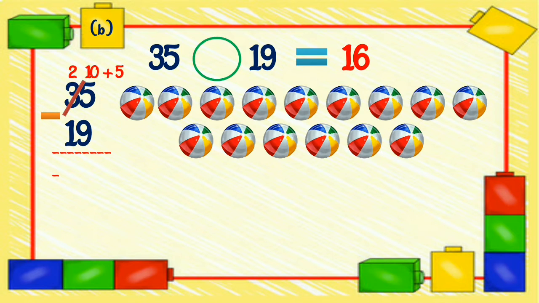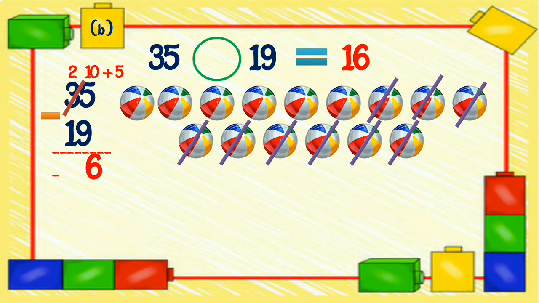Now we cut 9 balls. 1, 2, 3, 4, 5, 6, 7, 8 and 9. How many remain? Now we count 1, 2, 3, 4, 5, 6. So we have 6 balls remaining.